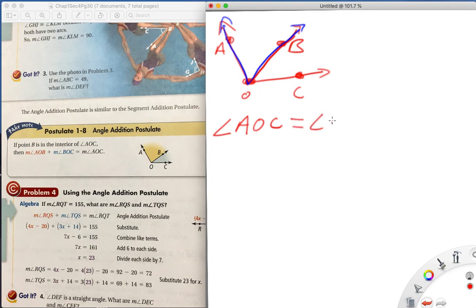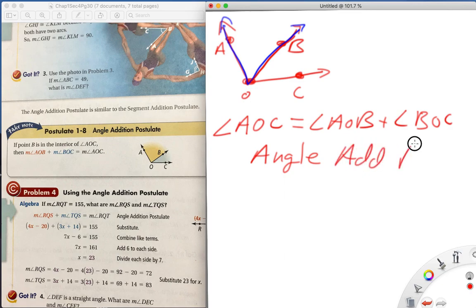So angle AOB plus angle BOC. I add the two smaller angles up, it's going to give me the bigger angle, and this is the angle addition postulate. I'm going to write POS for postulate, add for addition.